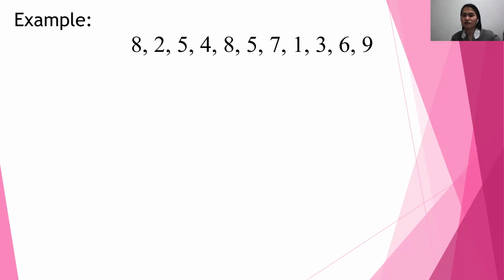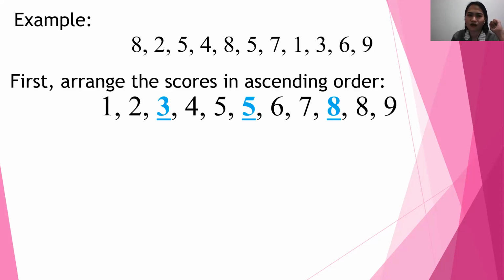Okay, for example, if we have the data set 8, 2, 5, 4, 8, 5, 7, 1, 3, 6, 9, this is our data distribution. So first thing to do is what? Okay, arrange the scores in ascending order. Ascending order means we arrange the data from least to greatest value.